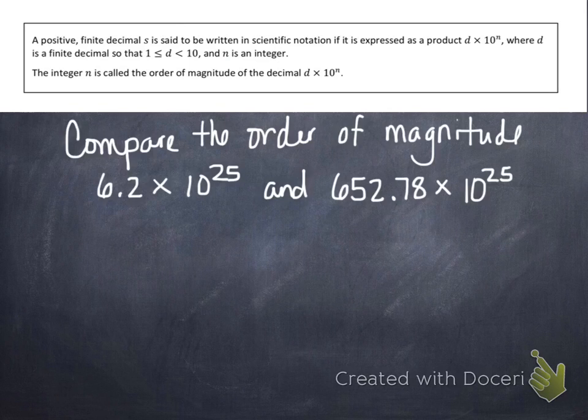of two numbers. So I've got 6.2 times 10 to the 25th and 652.78 times 10 to the 25th. What is the order of magnitude of those two numbers?